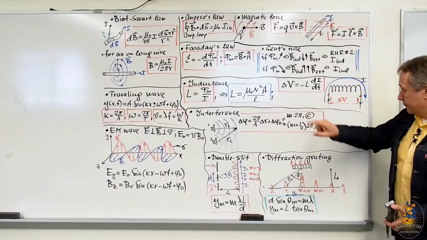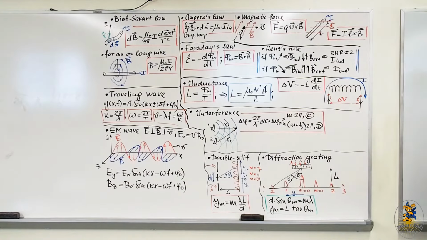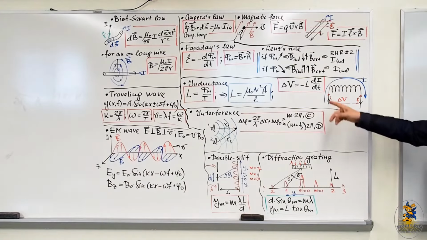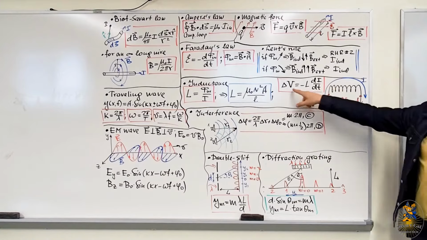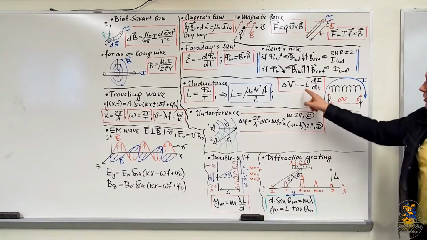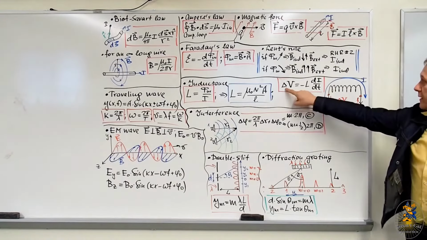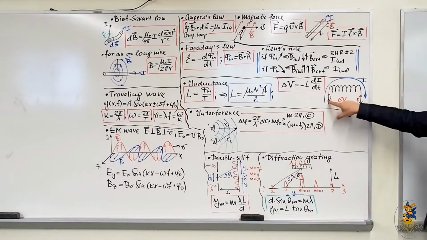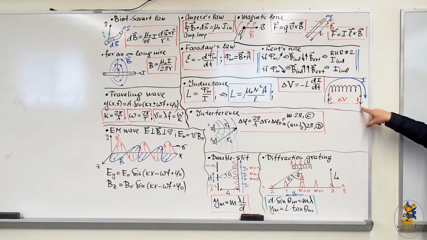Then we also found an interesting phenomenon. If something happens to the current, then it's possible to produce a potential difference across an inductor. Although an inductor is just a piece of wire, under certain conditions it's possible to produce a potential difference across it. So delta V. If this is the inductor, current flows in here and out here, so this is the initial point and this is the final point.